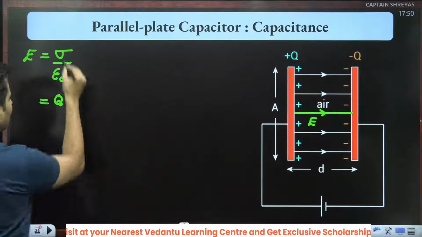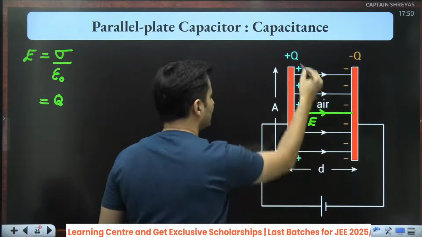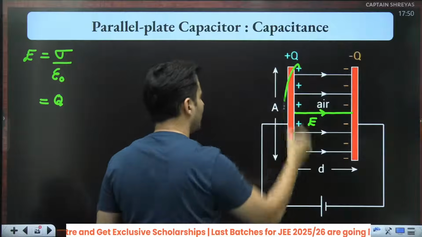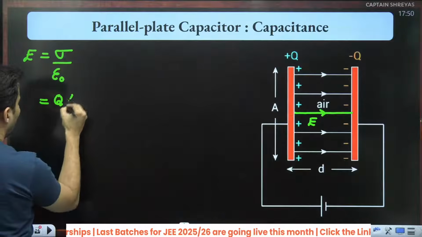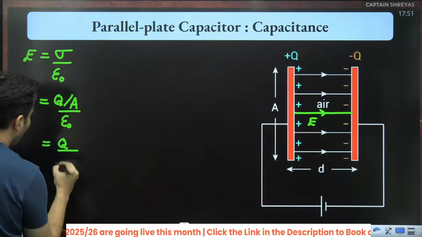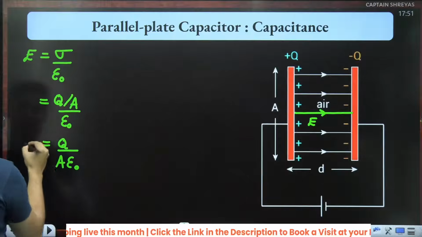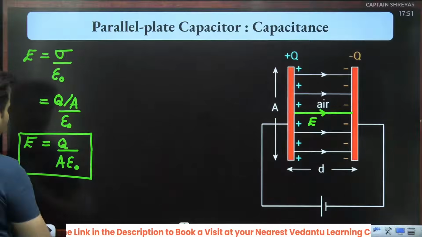You can take Q, okay? You can take this one or this one, doesn't matter. Let's say I take this one. How much charge is there on this particular plate? It is nothing but Q. So it is Q by how much area? A. So hence it will just be Q by A epsilon naught. That is the electric field's value. Directly I can give it.